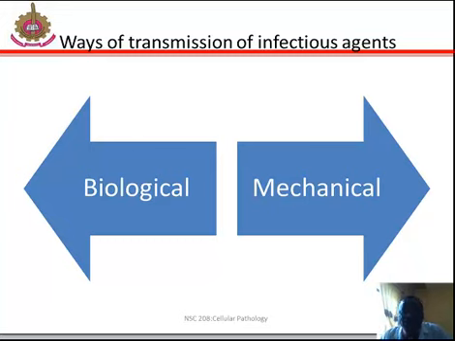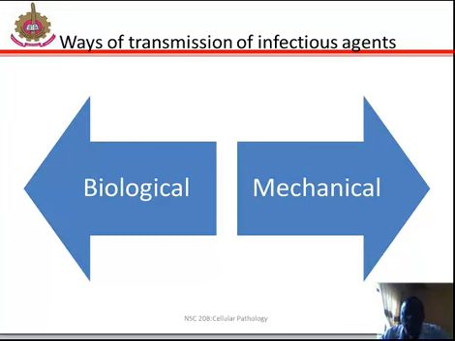In mechanical transmission, the agent is carried on the skin or mouth part of the vector from an infected to a susceptible host. The lifetime of the agent in or on the vector is very short. As a result, transmission has to be accomplished rapidly. That is mechanical, which means the vector must carry the microorganism to other hosts in a very short time.